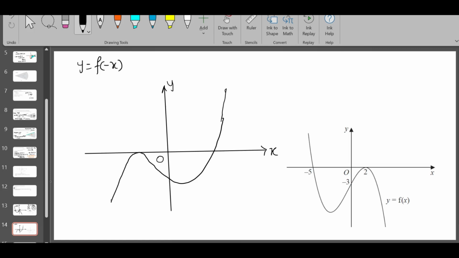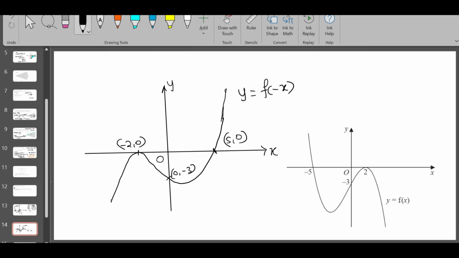Yes, 2, 0 becomes minus 2, 0. Minus 5, 0 becomes 5, 0. Minus 3, 0, minus 3 stays the same. Label it, that's f of minus x.